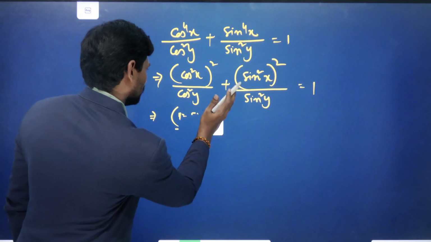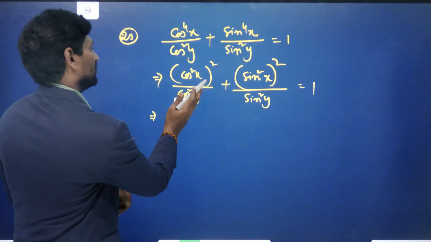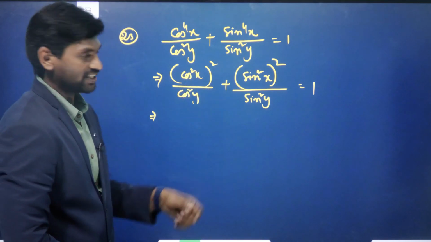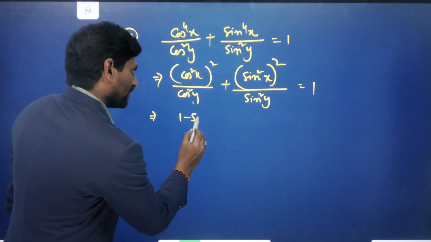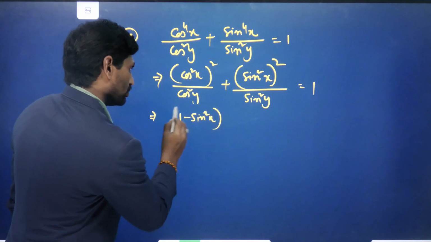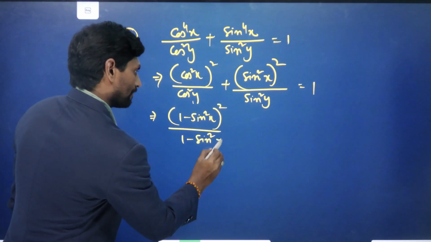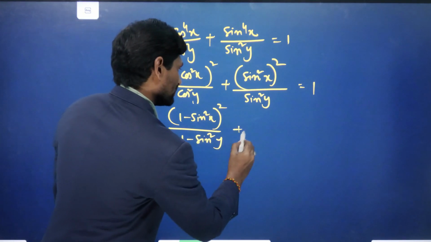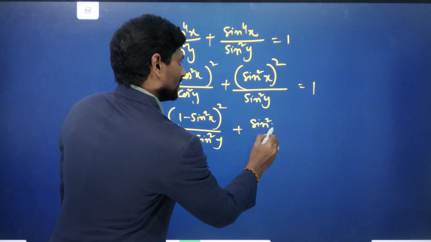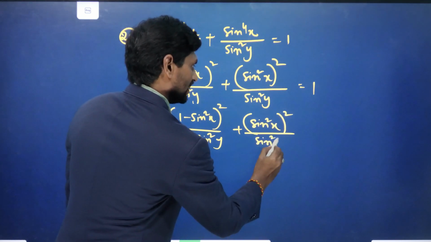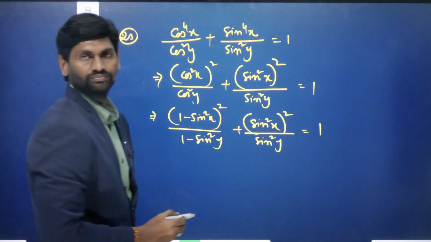Also the first term, that means in these two terms I am converting everything in terms of sines. That means (1 minus sin square x) whole square by (1 minus sin square y), plus (sin square x) whole square by sin square y equals 1.